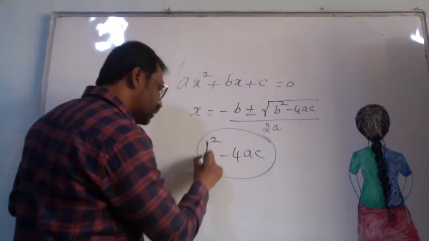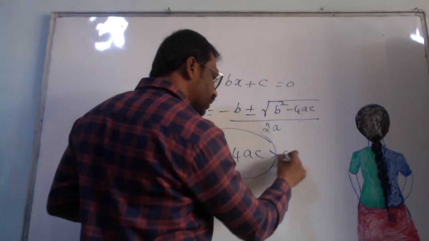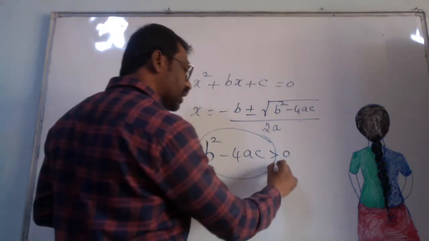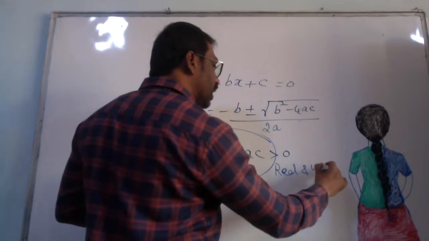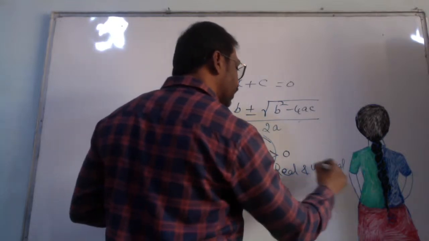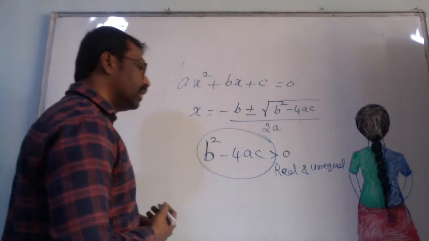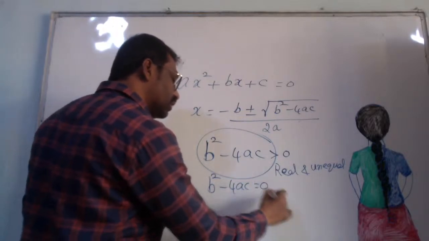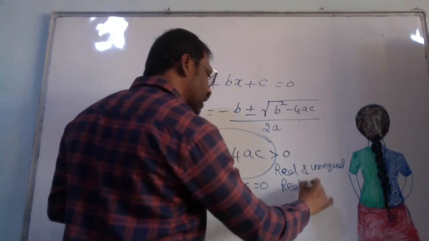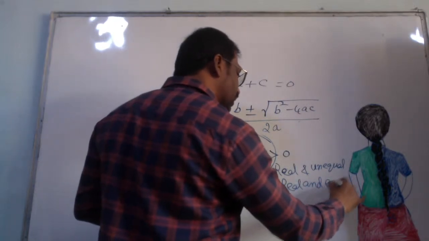If the b square minus 4ac value is greater than 0, the roots are real and unequal. Unequal means distinct roots, different roots. When b square minus 4ac equal to 0, the roots are real and equal.